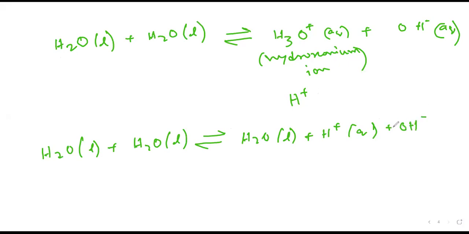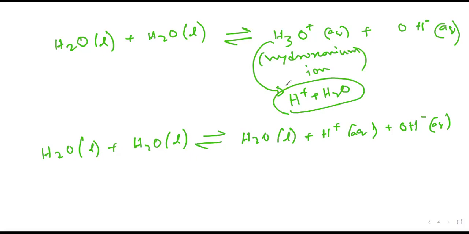If we try to compare these two equations, what we can see is this H plus was written by trying to break it down to H plus and H2O. This is the actual form of the hydroxonium ion. Hydroxonium ion contains this part: a water molecule and an H plus ion. So this water is acting as a spectator.